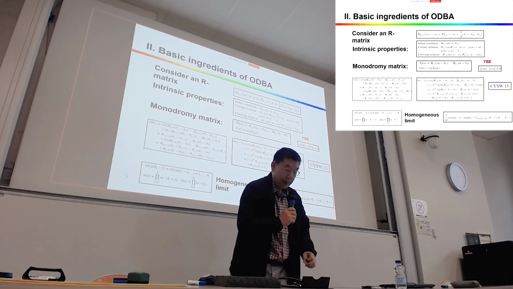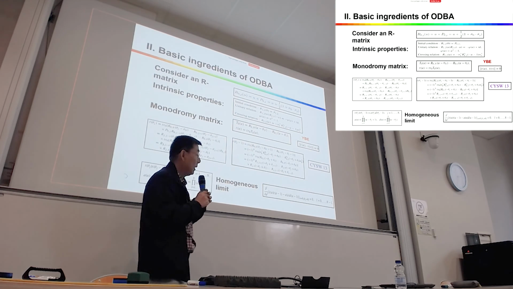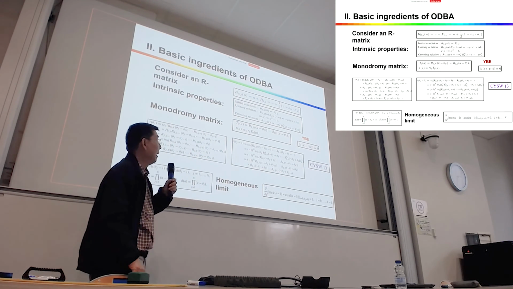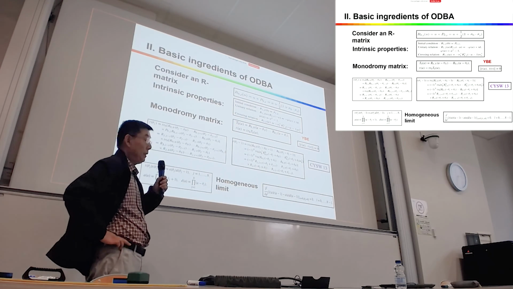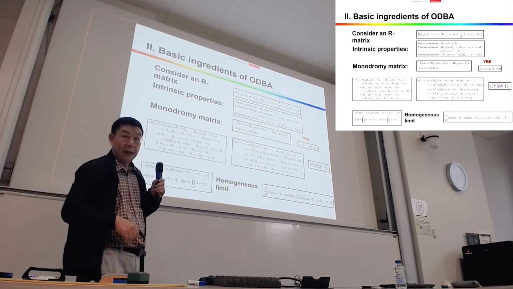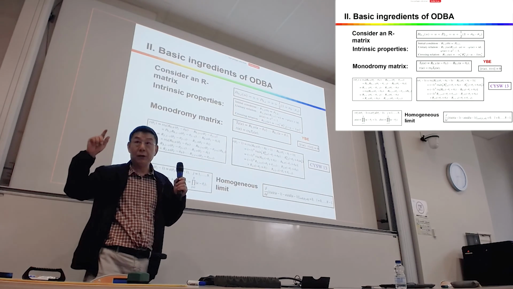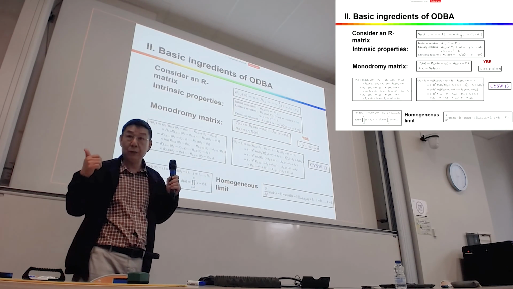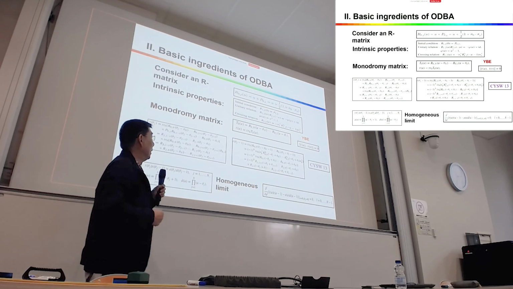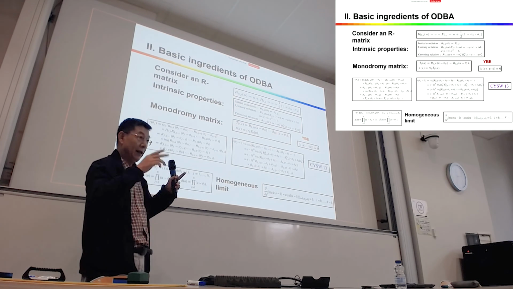Now let's turn to the off-diagonal Bethe ansatz. Just consider a simple R matrix. This R matrix possesses some intrinsic properties. One is the initial condition, which means at zero spectral parameter it is proportional to the permutation operator. The second is a unitary condition.